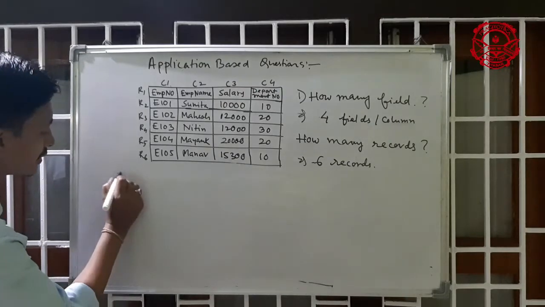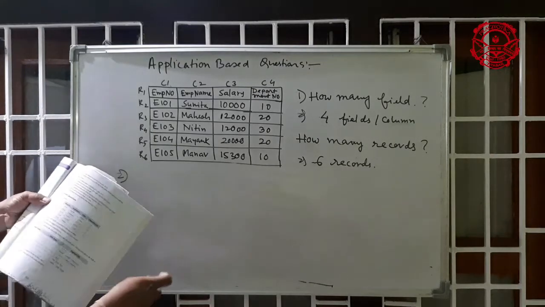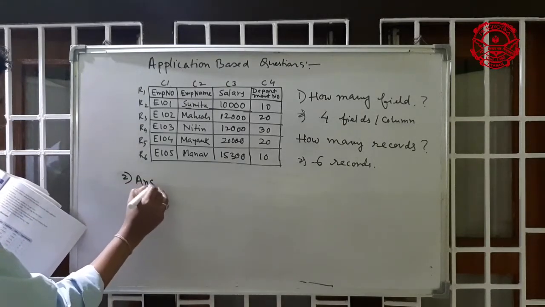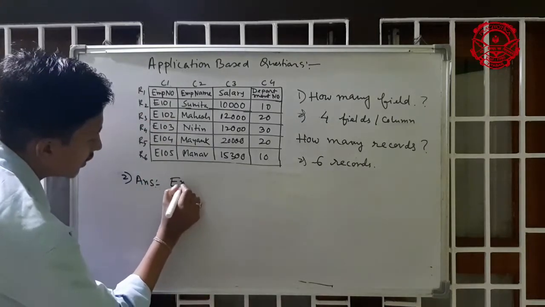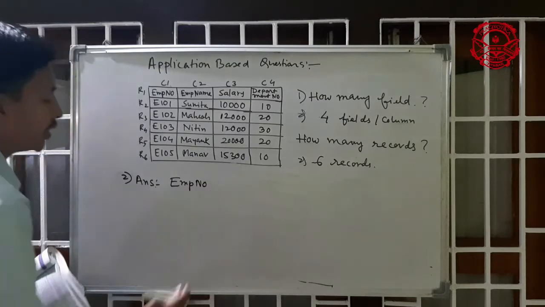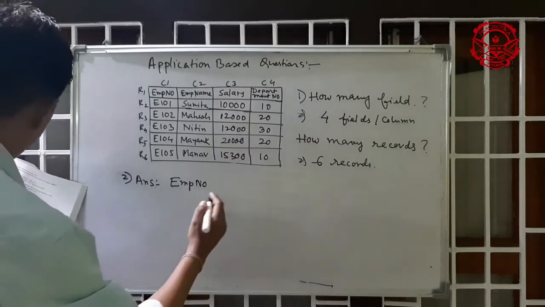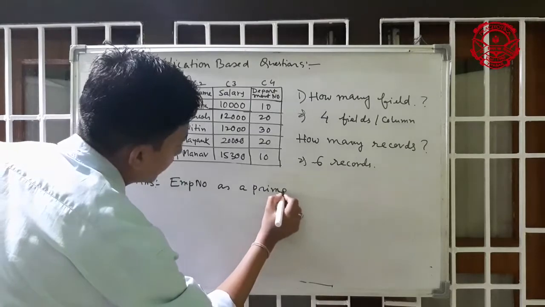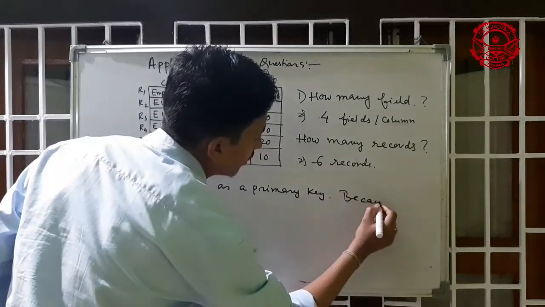The second question is, which field? I am giving the answer. The answer will be EMP number as a primary key. Because why?